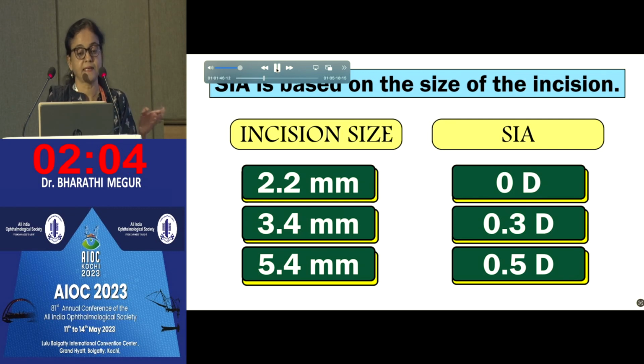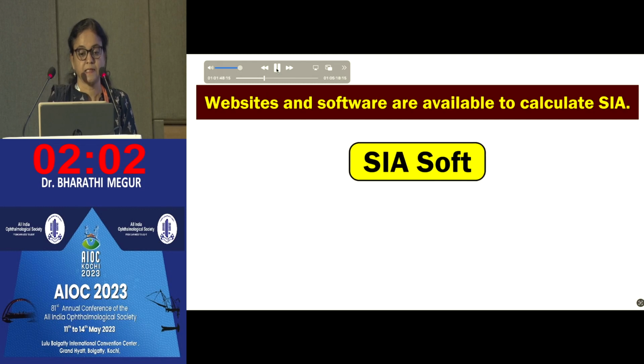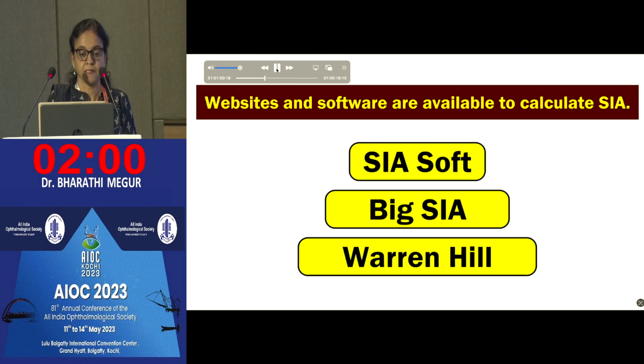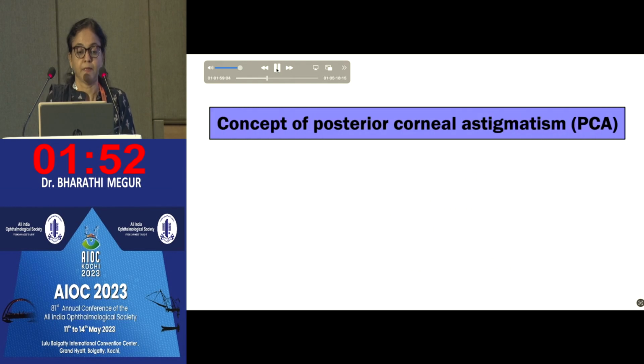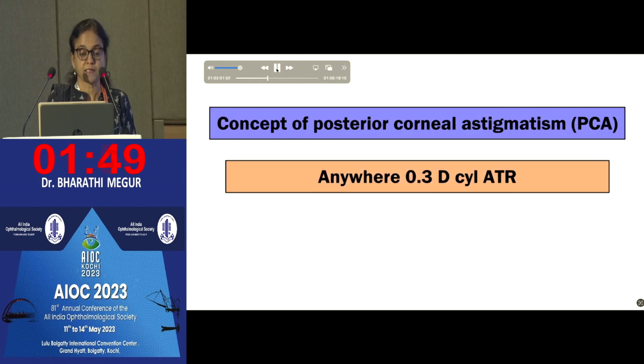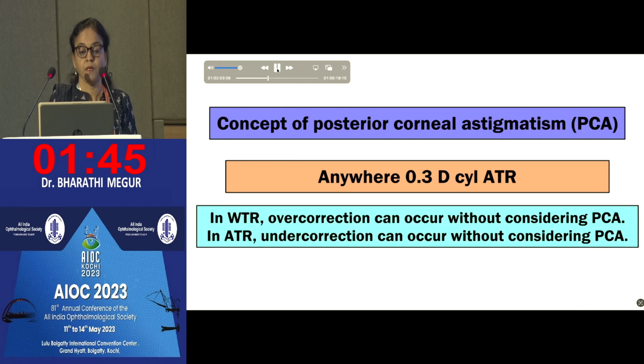Of late, SIA has the least importance in the workup. There are multiple websites and software available to calculate the surgically induced astigmatism. But what is important now is the concept of posterior corneal astigmatism. Here the total corneal astigmatism is the sum total of the anterior as well as the posterior corneal astigmatism.